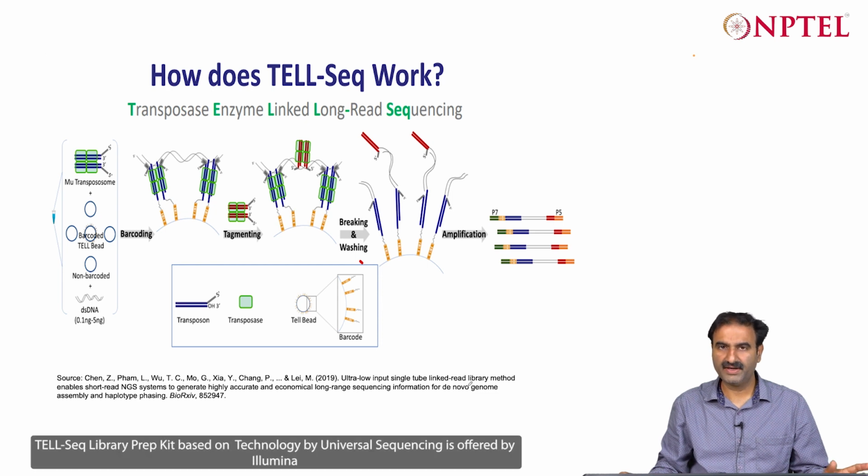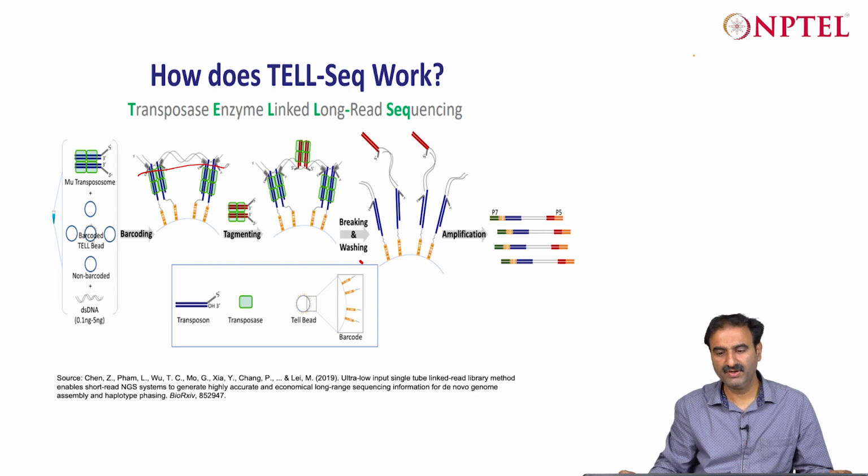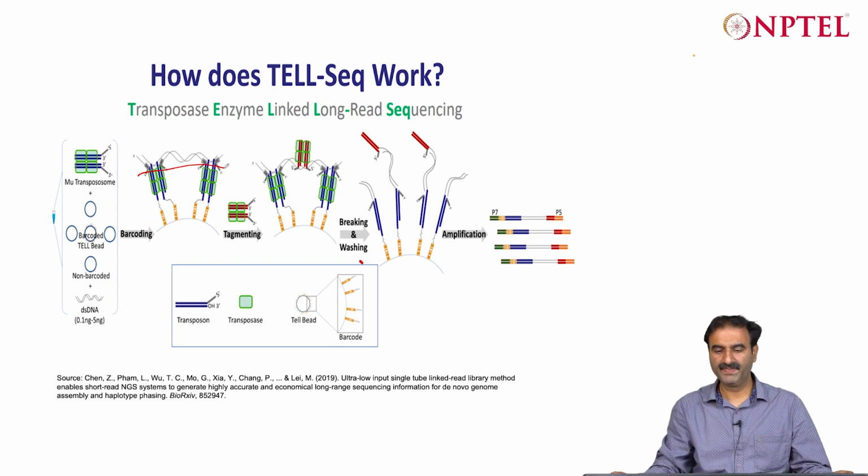offered by Illumina. In this you can see there is a bead on which they capture the DNA molecule, and using transposons they break the DNA molecule. That is why it is called transposase enzyme linked long read sequencing. For each piece they put adapters and amplify them.